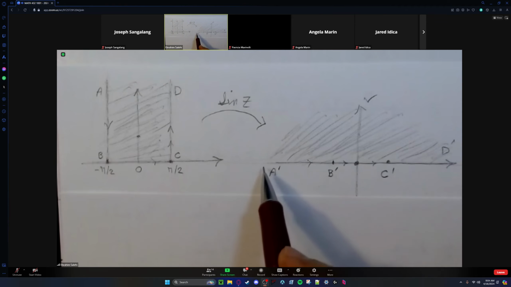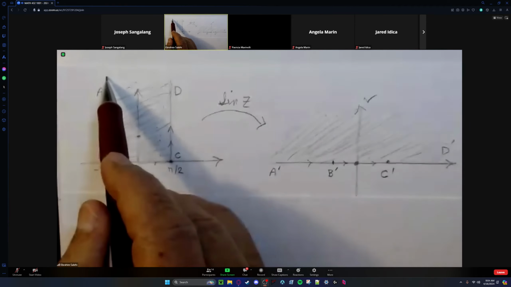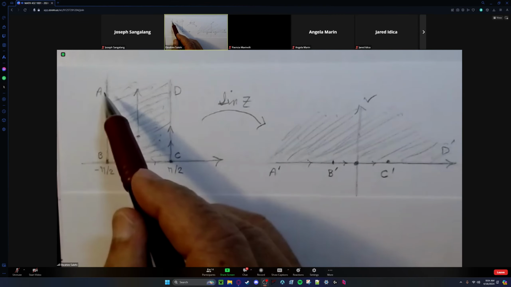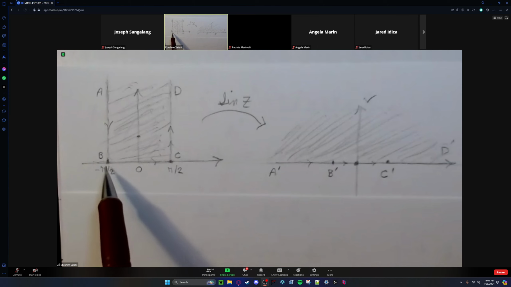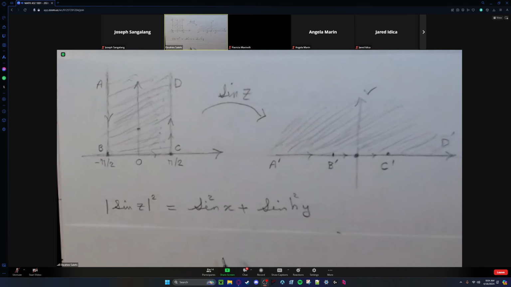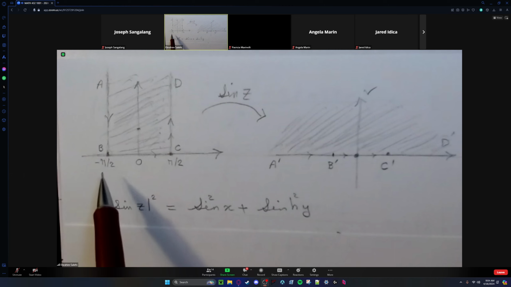So the image of a in this is here. Going down, sine of negative pi over 2. All because of this identity, all right?